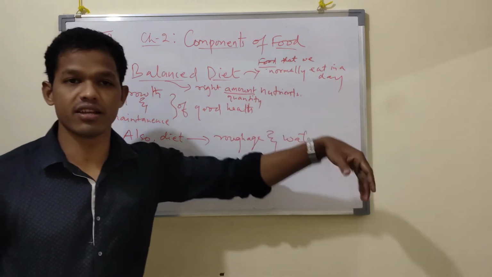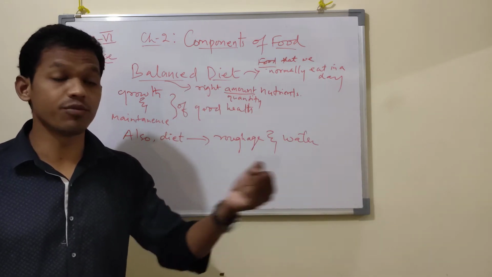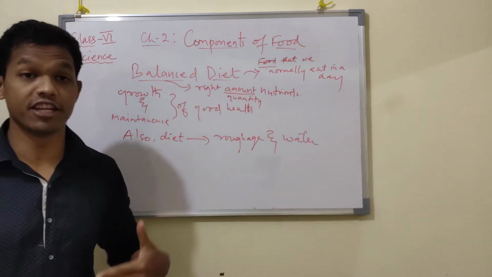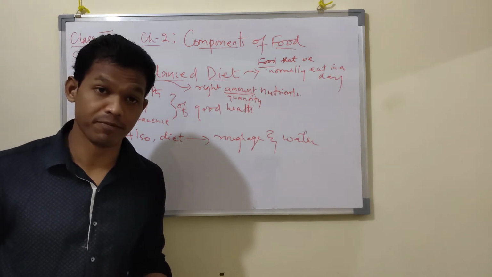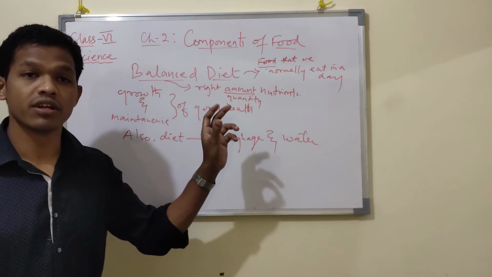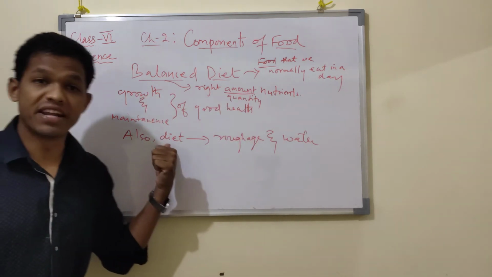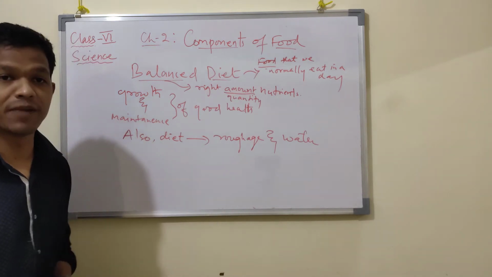Some diseases you will study in the next video: what happens if you consume excess nutrients, and what happens if there is a deficiency of nutrients in our body. So there must be a balance. We must take in the right quantity of nutrients for growth and maintenance of good health. This is known as balanced diet.